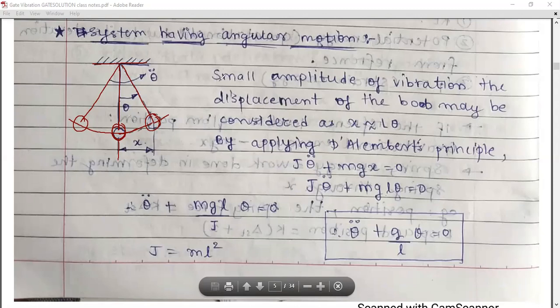A small amplitude, I'm going to just read this. For a small amplitude of vibration, the displacement of the bob may be considered as x is equals to L theta. Suppose this is your length, right? And a very small, so this is basically a curve.